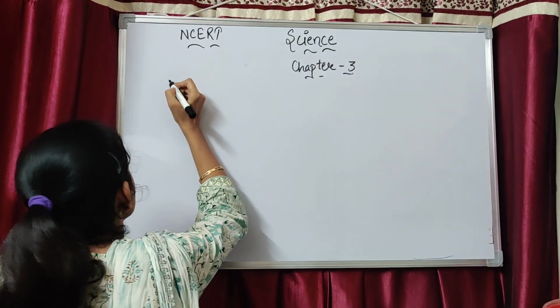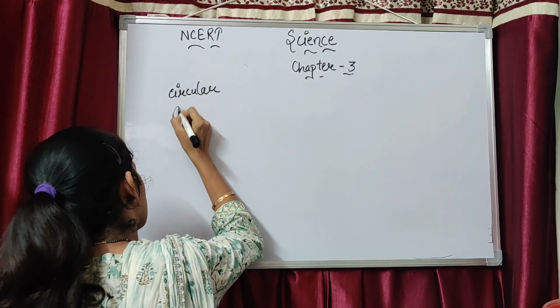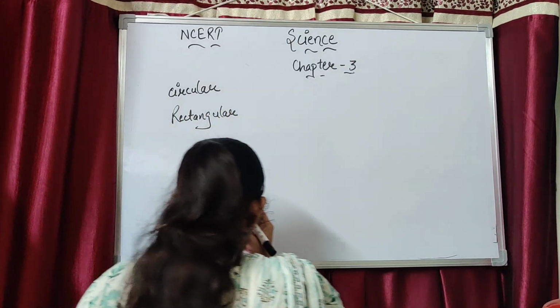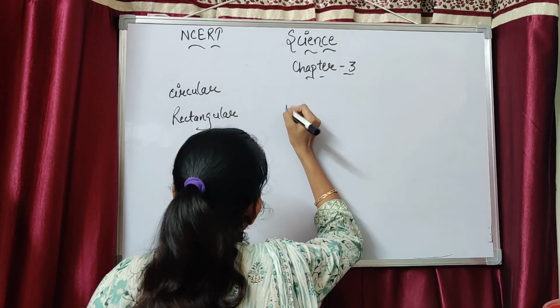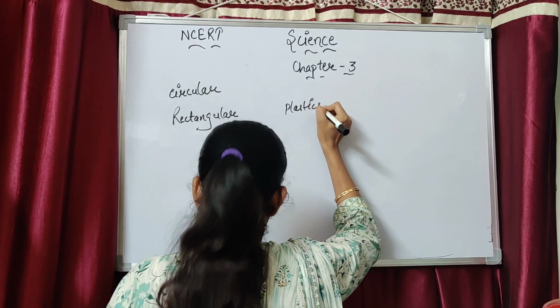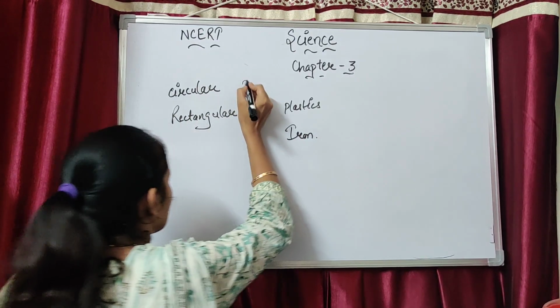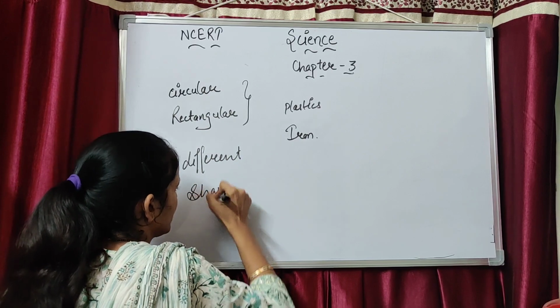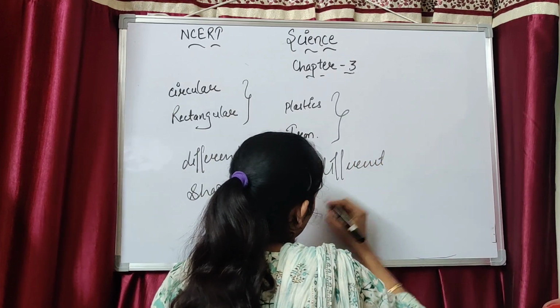Things which are made up of. So we will see some are in circular shape, some are in rectangular shape. Or you can say some are made up of plastic and some are made up of iron. So different shapes, different materials.